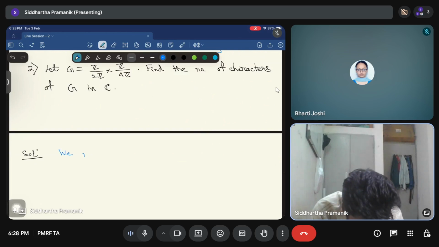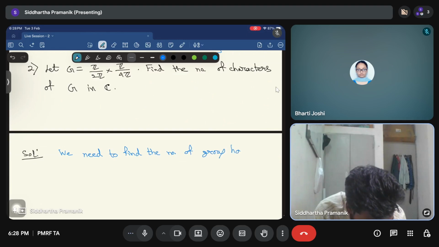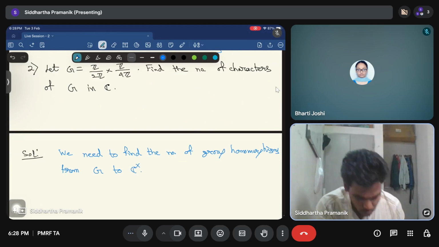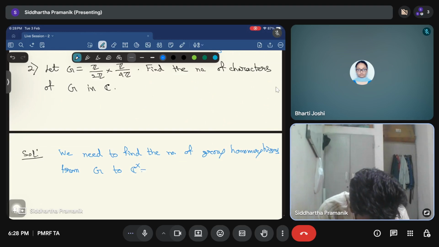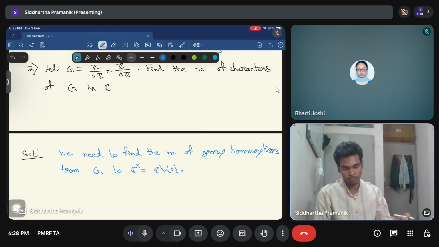So we need to find the number of group homomorphisms from G to the multiplicative group of C, which is C cross. So C cross is basically C minus 0, this group.